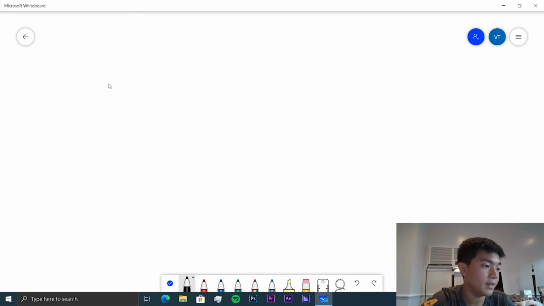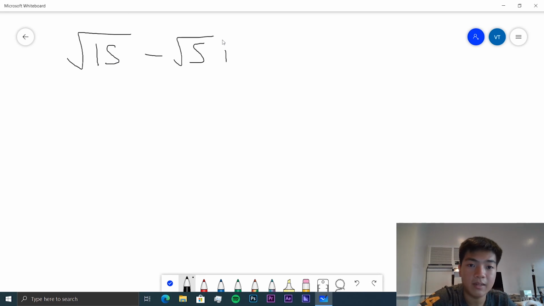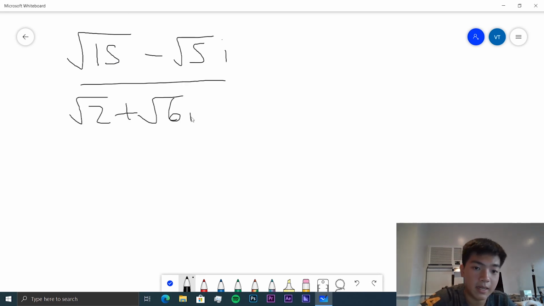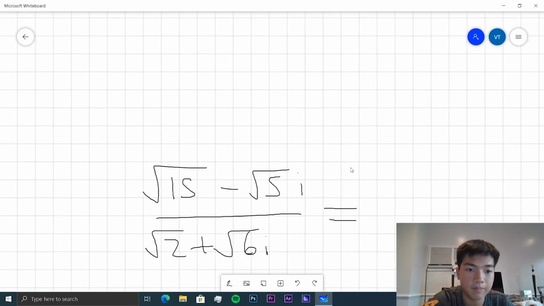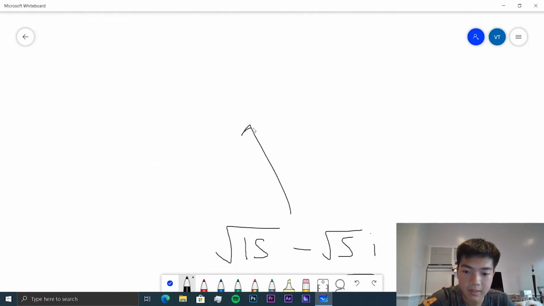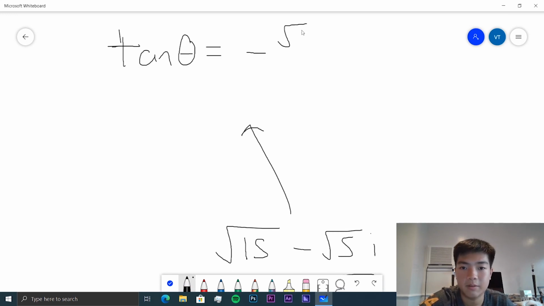And then finally, we need to find the value of square root 15 minus square root 5i over square root 2 plus square root 6i. So let's find the value of each of these polar numbers. So square root 15 minus square root 5i, so we have tan theta is equal to negative square root 5 over square root 15, which is equal to negative 1 over square root 3.